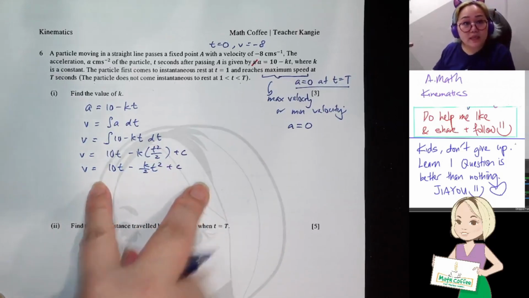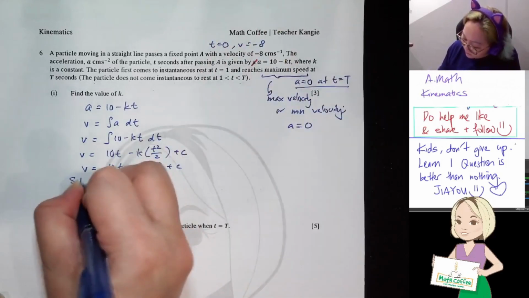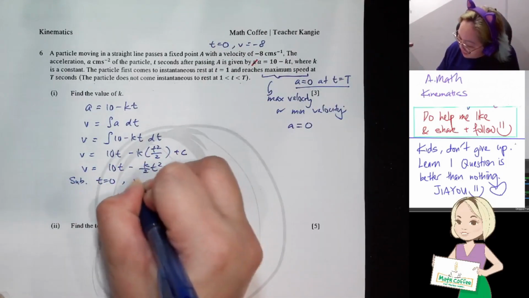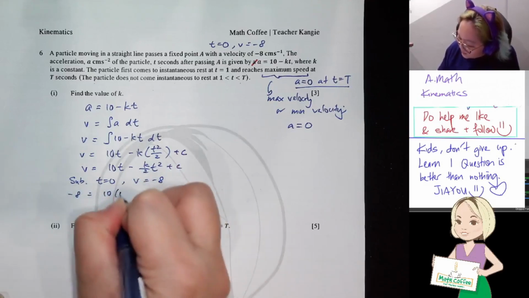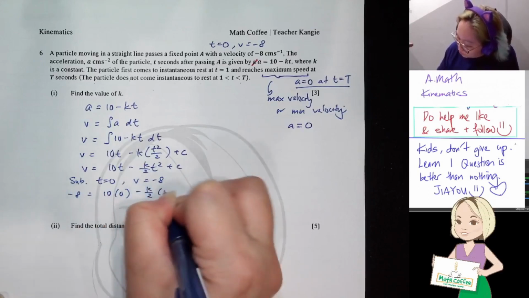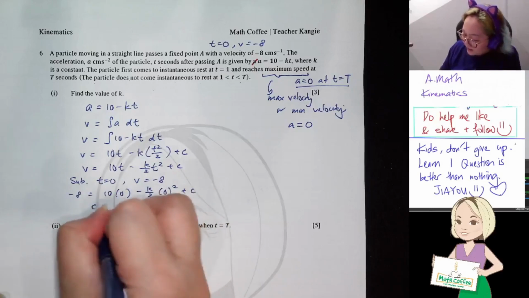So how to find the c? This is the set of values that we're going to use. So sub in t equals to 0 and v equals to negative 8. Minus 8 equals to 10 times 0 minus k over 2 times 0 squared plus c. So in this case, my c is negative 8.